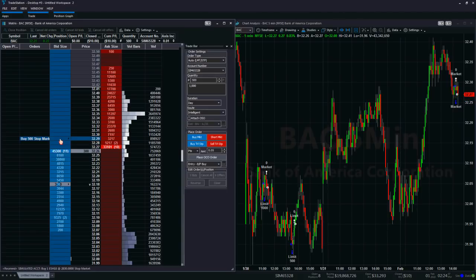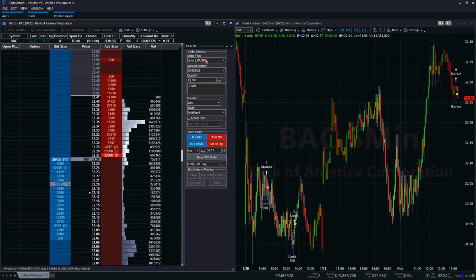So I can buy at a higher price, and the matrix knows that in order for me to buy at a higher price, I need to send a stop and not a limit order. So by having this auto limit stop on the top right corner, the matrix knows where your cursor is in relationship to the current trading price, and it'll switch your order from limit to stop accordingly.